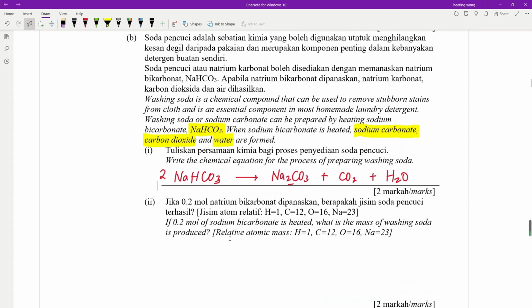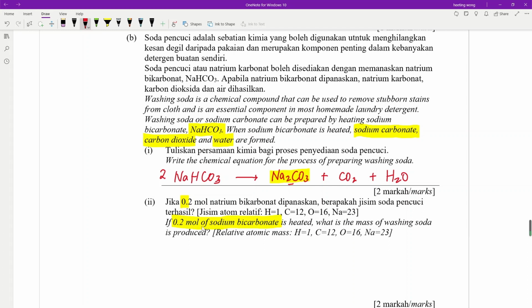Now if 0.2 mole of sodium bicarbonate is heated, what is the mass of the washing soda produced? Washing soda should be sodium carbonate, right? Now you can see 0.2 mole of sodium bicarbonate is given already.